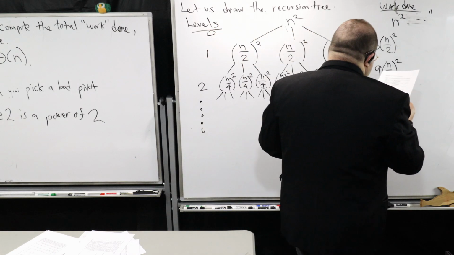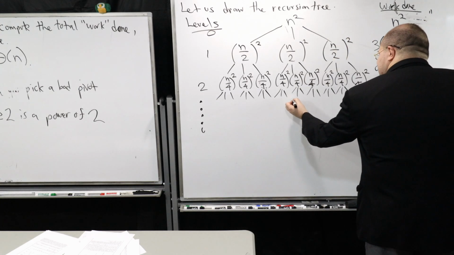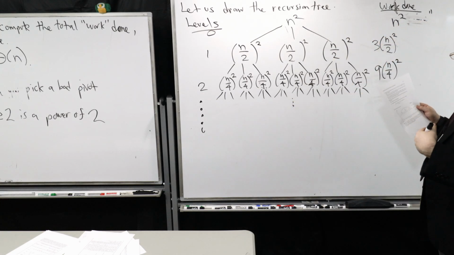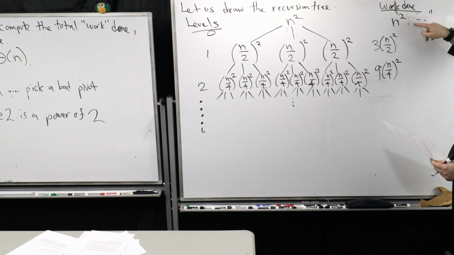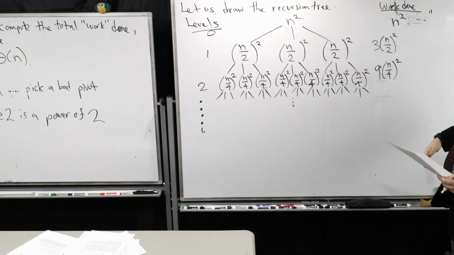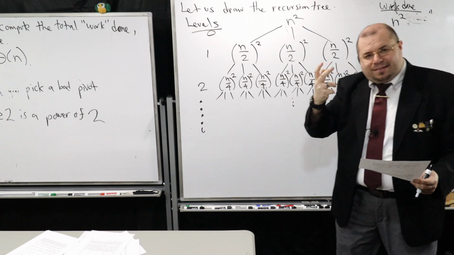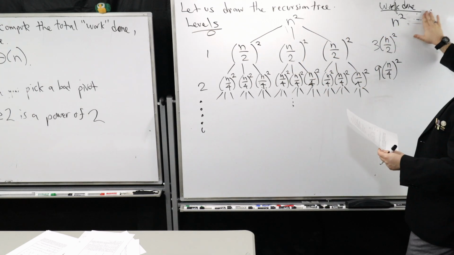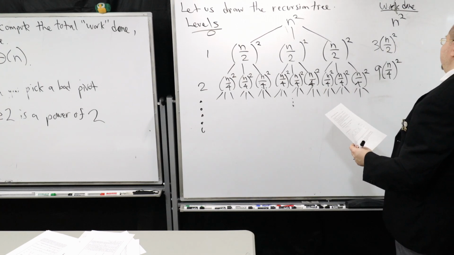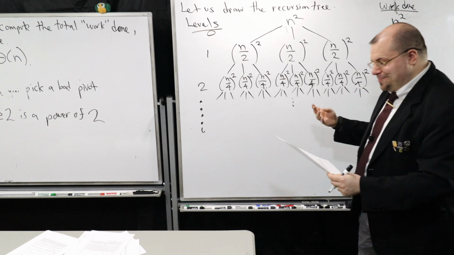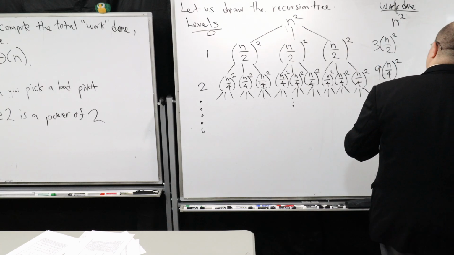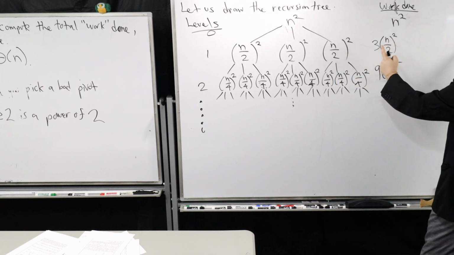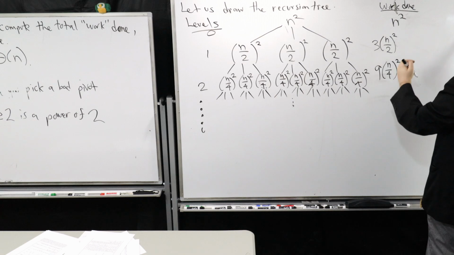So I want to look at an arbitrary level i of this tree. There are going to be many, many children as this goes down, but I want to figure out a pattern at each one of the levels, so this is where I'm making my guess. This is something I can check using mathematical induction afterwards, if I would like to. But usually these guesses are really good. So I have 3 over 2, I square this.